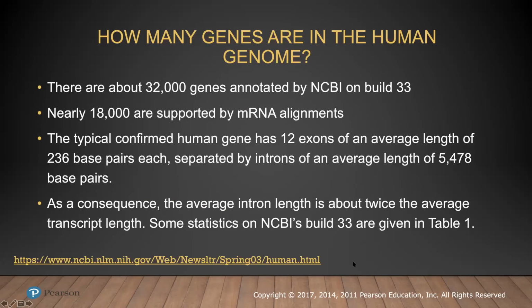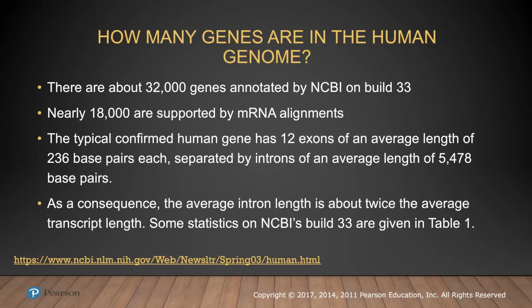All right. So some of this information I pulled from the NCBI website to give us, again, just some context of how many genes we're looking at. This data was extracted at the conclusion of the Human Genome Project. It's called Build 33, and if you click on this link, it'll take you to this website.